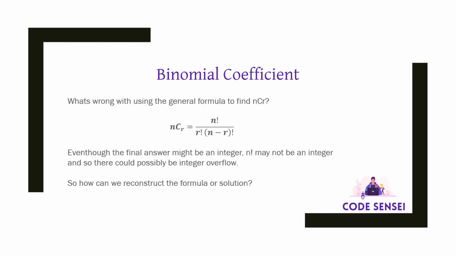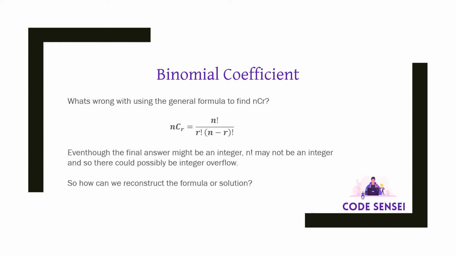We all might have studied in our school or college the formula for NCR, which is n factorial divided by r factorial times n minus r factorial. But what's wrong with this formula? Even though we'll get the correct answer NCR, we have to go through calculations for n factorial and r factorial, which might be much bigger than the answer itself.